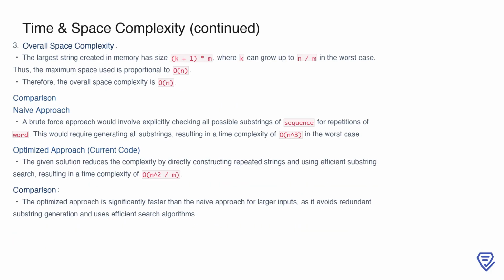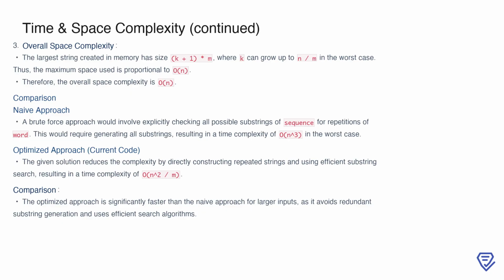When we consider the overall space complexity of the solution, the primary contributor is the temporary string created during the word asterisk, k plus 1, operation. The size of the string can grow up to k plus 1 asterisk m, where k reaches its maximum value of n/m in the worst case. This means the largest string in memory can be proportional to the size of the input sequence, resulting in an overall space complexity of O(n).